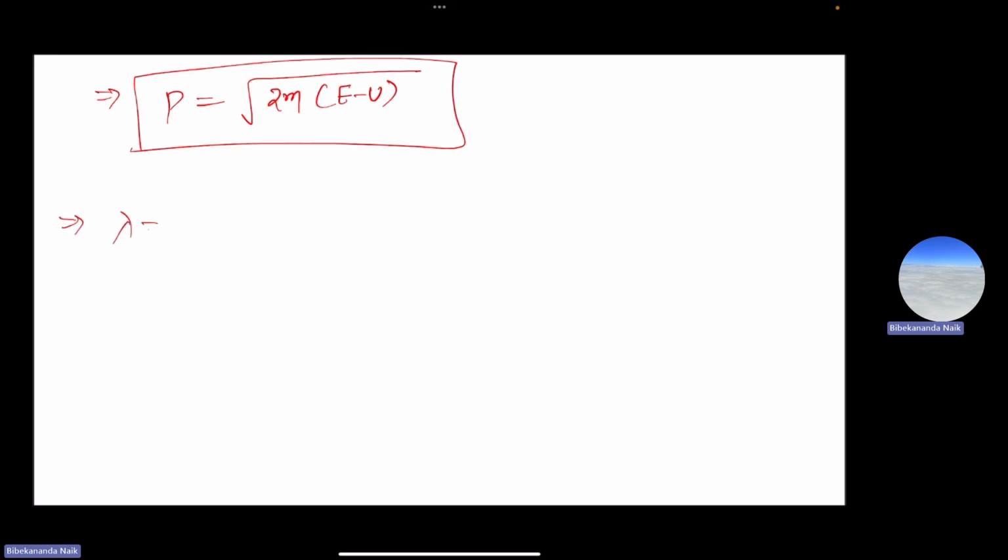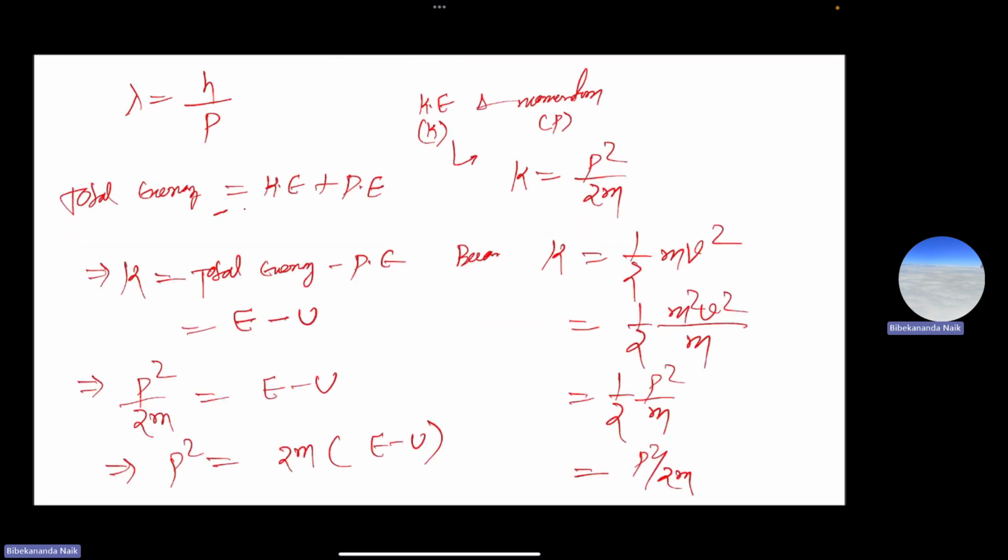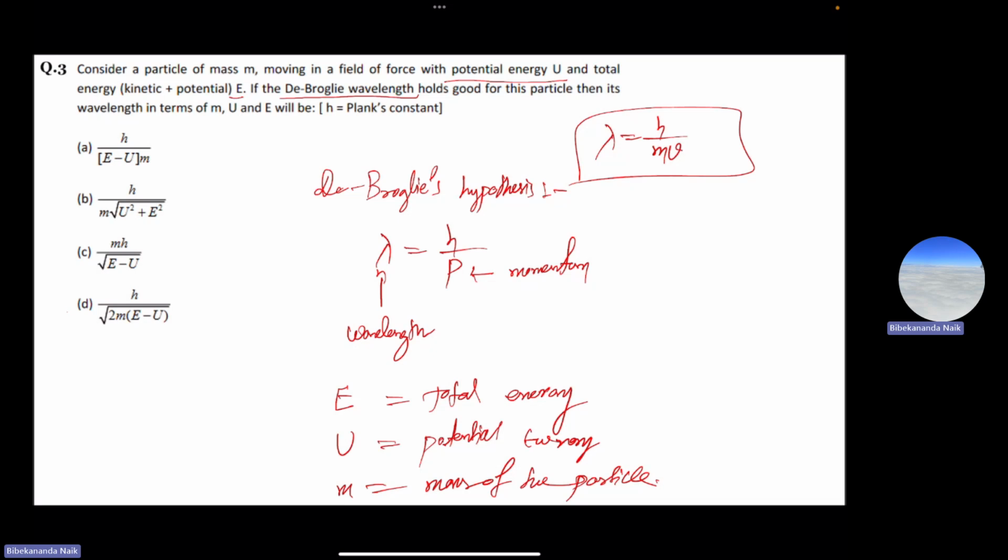So lambda is h by p. That implies it will be h by root over 2m(E minus U). So the correct answer is h by root over 2m(E minus U). So the option is option D.